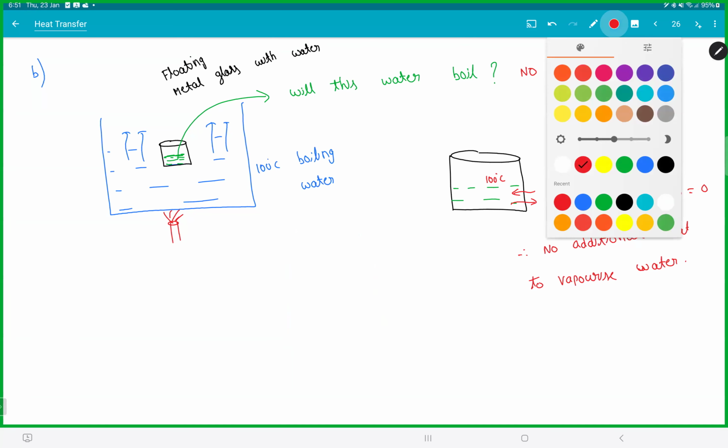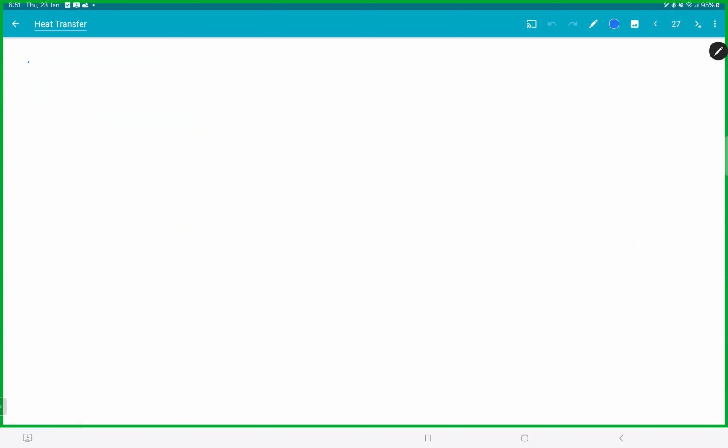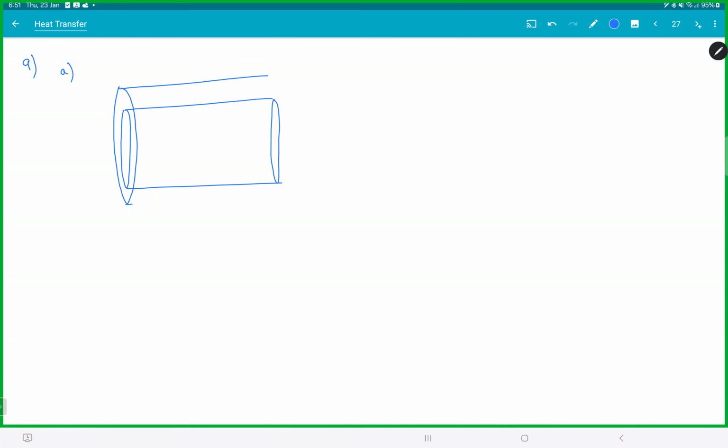Yeah, that's the CET type questions. Let's see one more. We have a cylinder with a thickness, inner and outer radius like this.